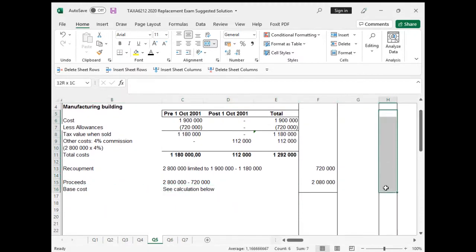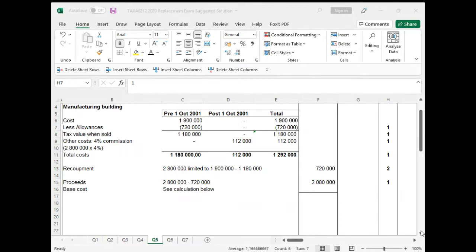Okay, let me just show you what the mark allocation would be up to this stage. So up to this stage, you would have already scored 7 marks out of the 25 just by doing basic principles.